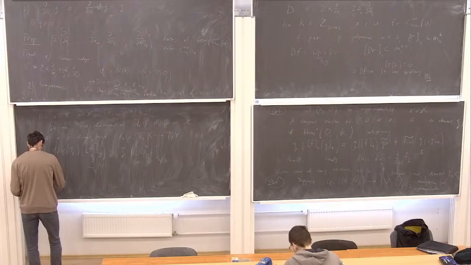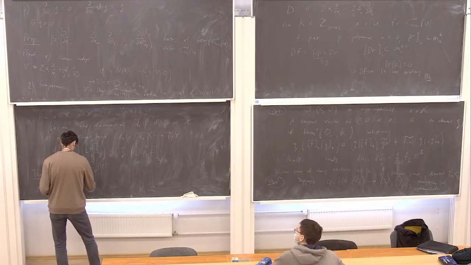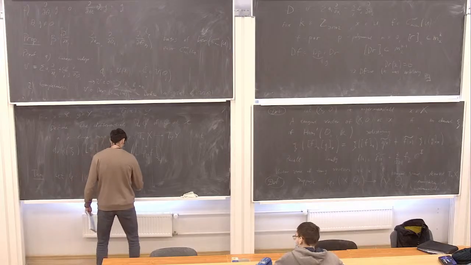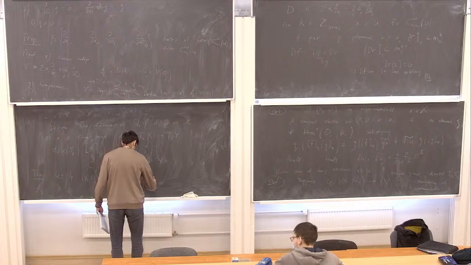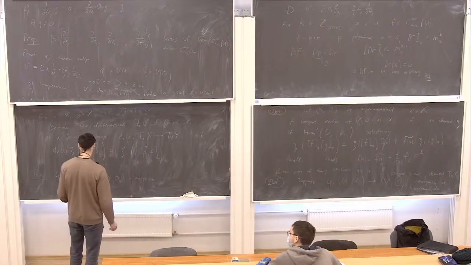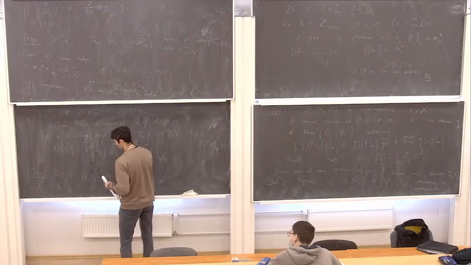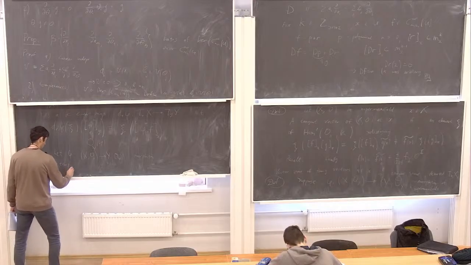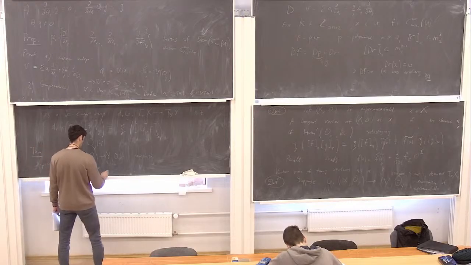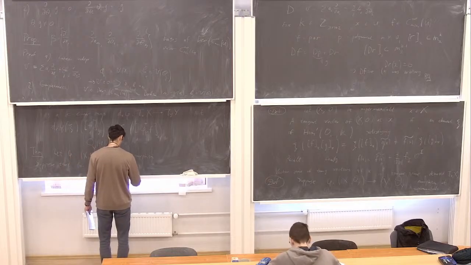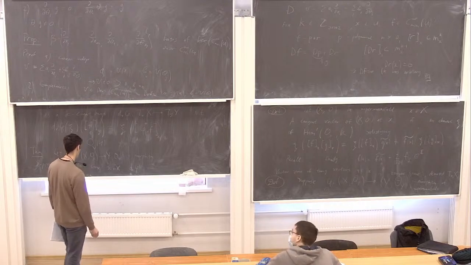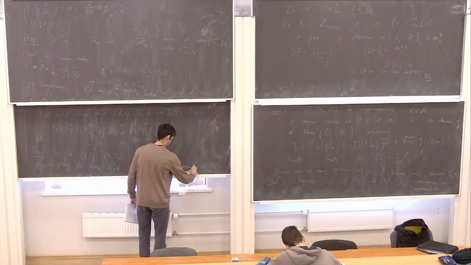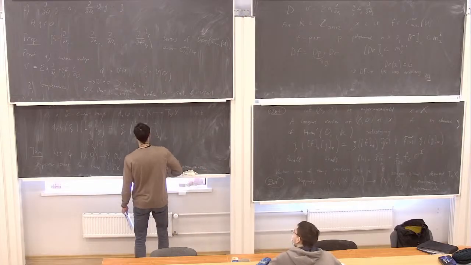So let phi again be a morphism of supermanifolds from X to Y, such that the following condition holds. Suppose that for some x from X, d_x phi is a linear isomorphism.